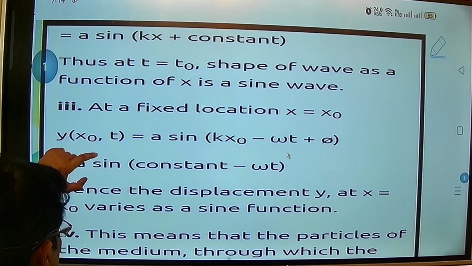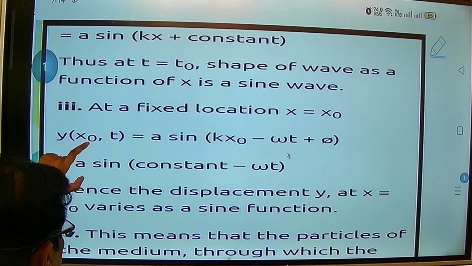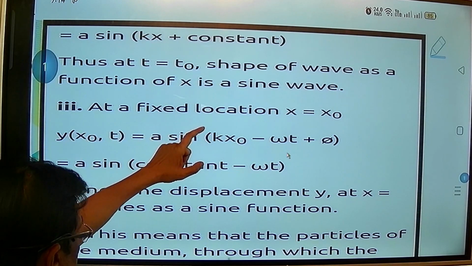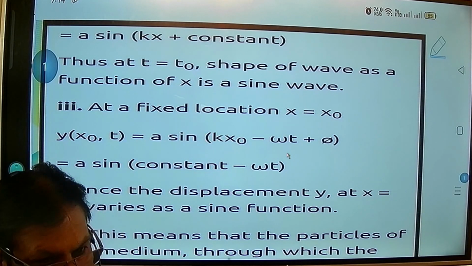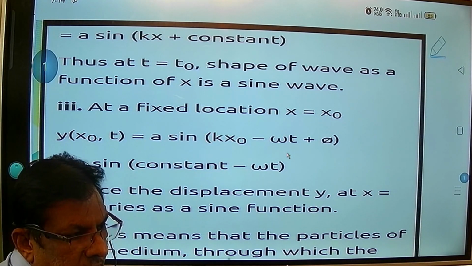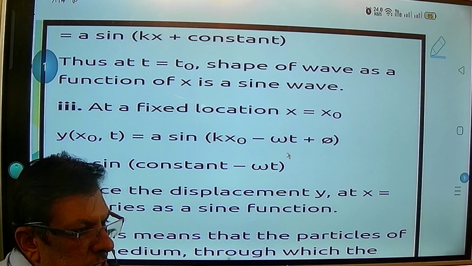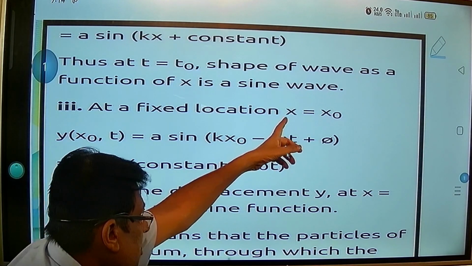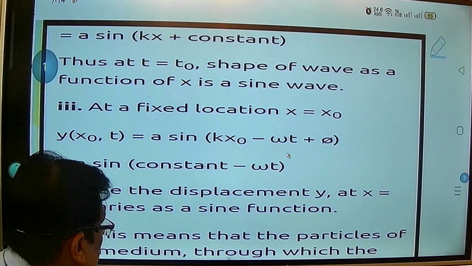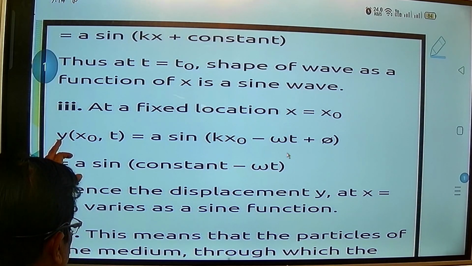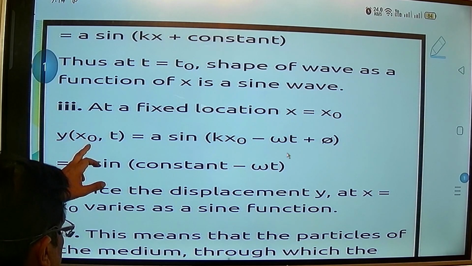Now at a fixed location, we are going to take the position x as x0. So here we are substituting x is equal to x0. So equation 1 becomes y of x0, t.